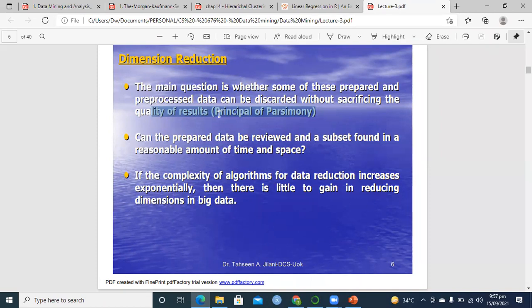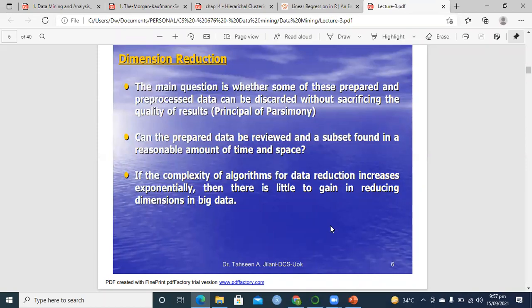Do you think those 15 variables represent the whole 70 variables? Is it possible? Because 15 out of 70 is even less than 25% of the whole data. But you will see that even with less than 10% of the data, some data sets are very well represented only by those samples, or say those 10% of the total observations.